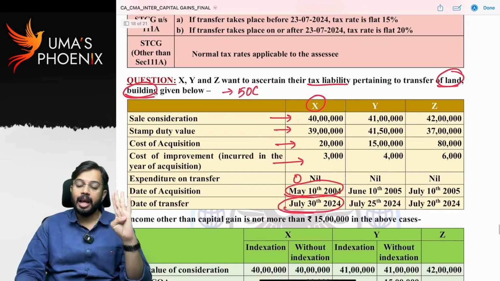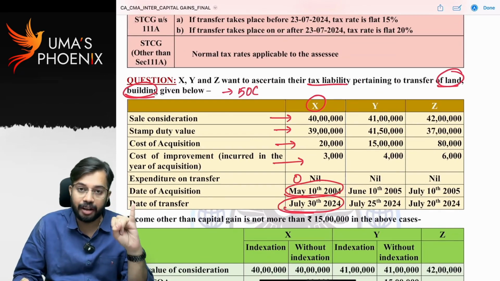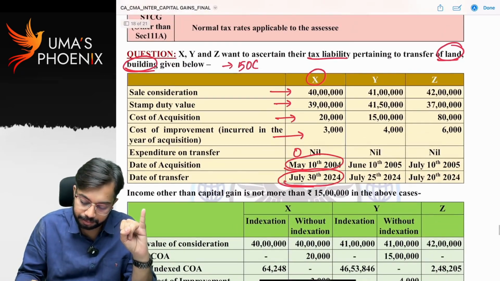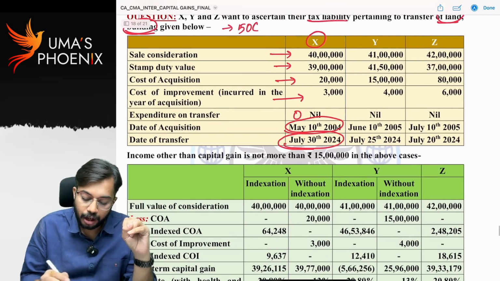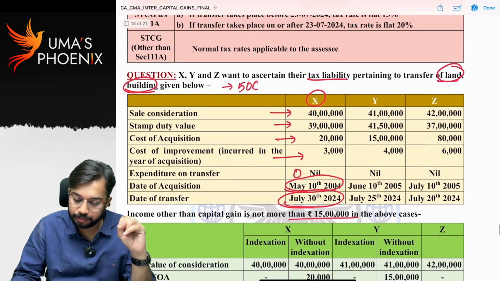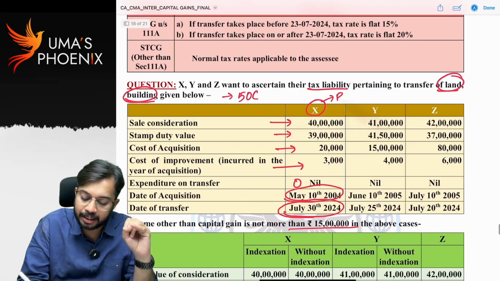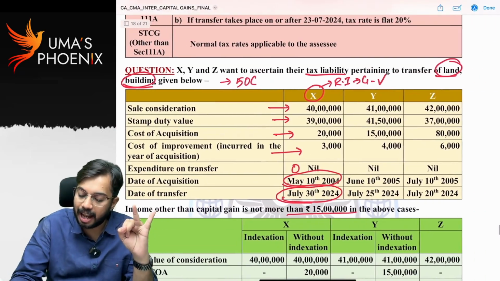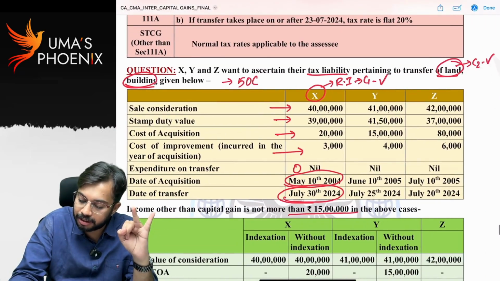Condition 1 is the assessee should be a resident individual. Here let us take the assumption X is a resident individual, income other than capital gain is not more than 15 lakhs. Condition 1 satisfied. Condition 2, capital asset transferred is land. So condition 2 is also satisfied.